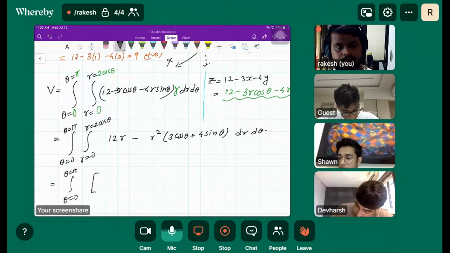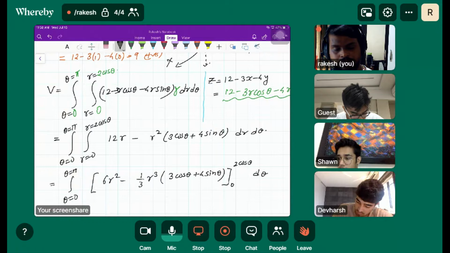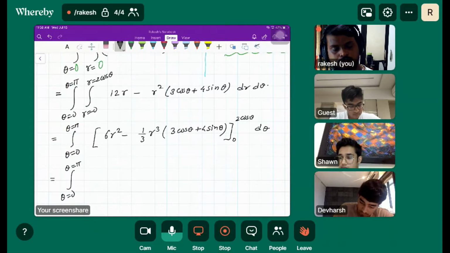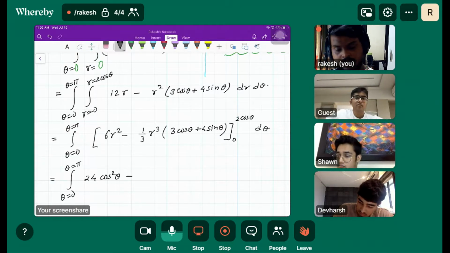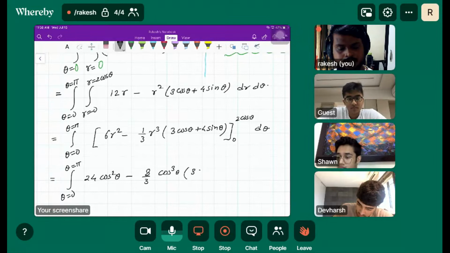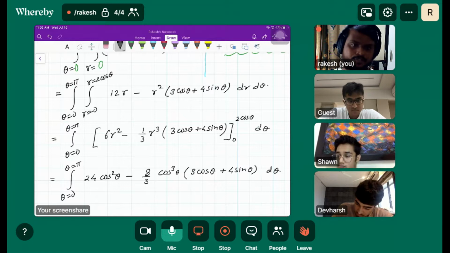So this will be 12 R square by 2, which is 6 R square, minus 1 by 3 R cube, times 3 cos theta plus 4 sin theta, d theta, theta equal to 0 to pi. 2 squared is 4, 6 fours are 24 cos square theta minus 8 by 3 cos cube theta, times 3 cos theta plus 4 sin theta, d theta. When we plug in 0, everything becomes 0.